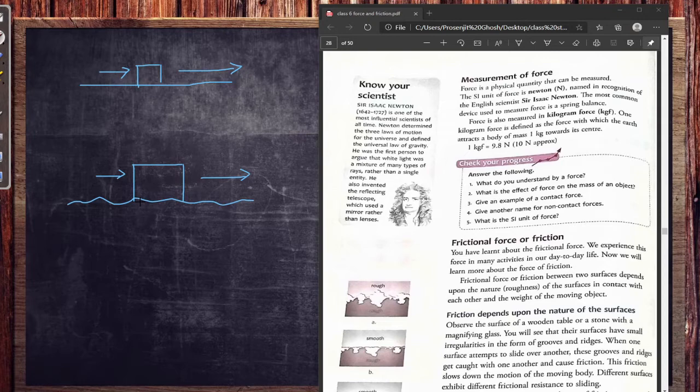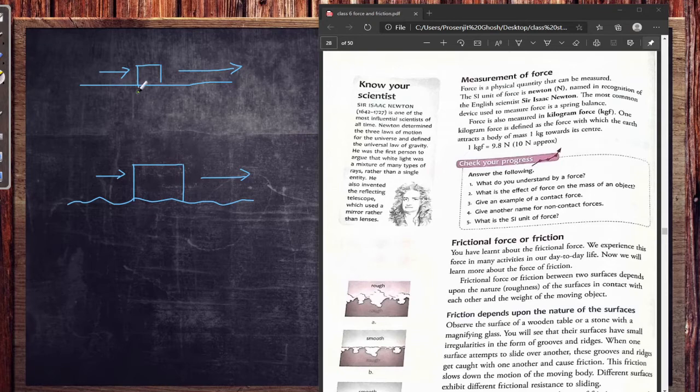After that, now just see. If the smooth surface is there, you can easily push the box, it will move forward. But it will be quite harder or quite difficult to push the body when it is on a rough surface. But why is this happening? What is the main reason behind it? That is the friction force.